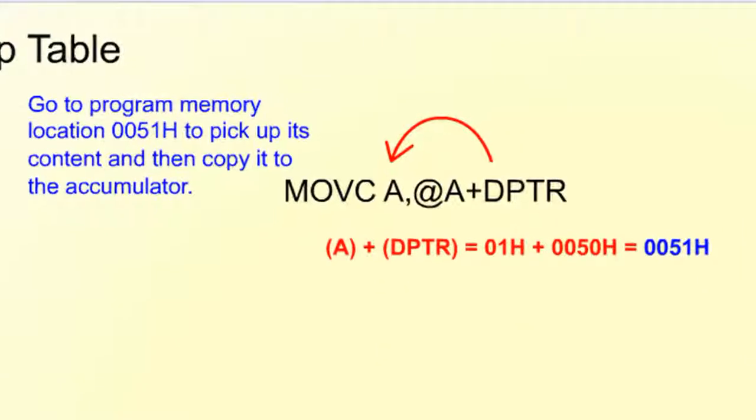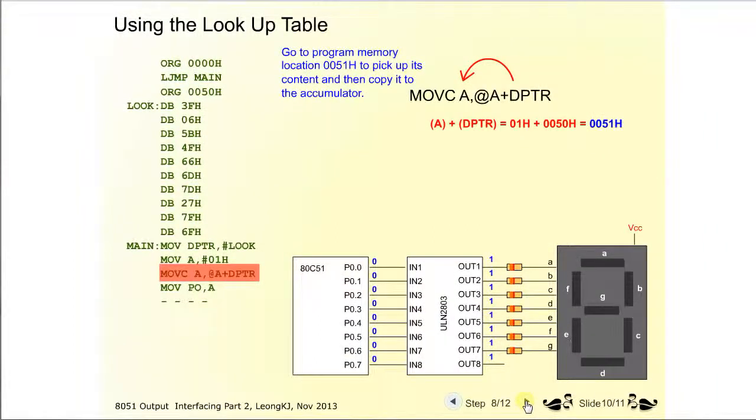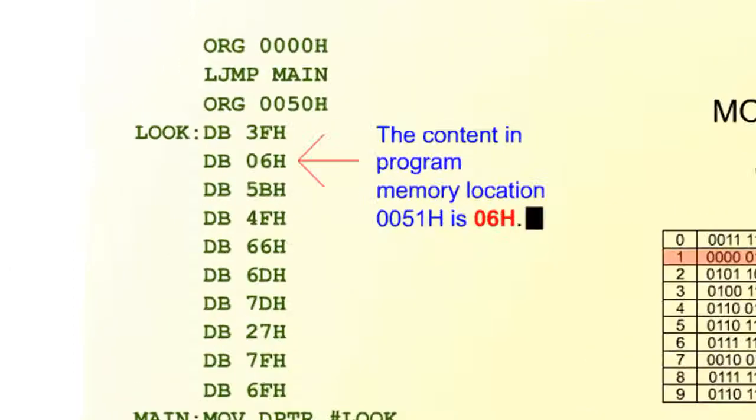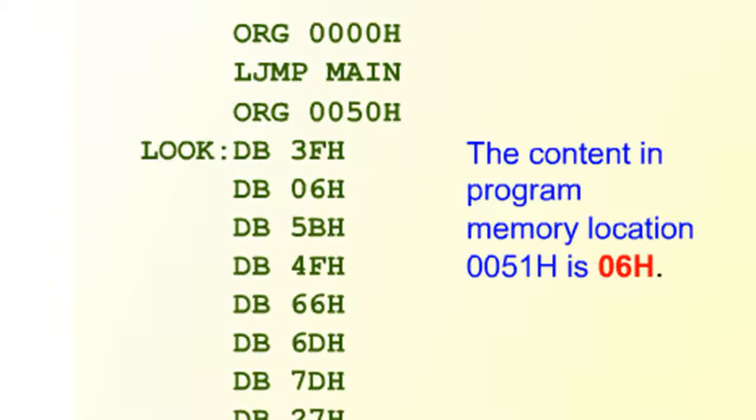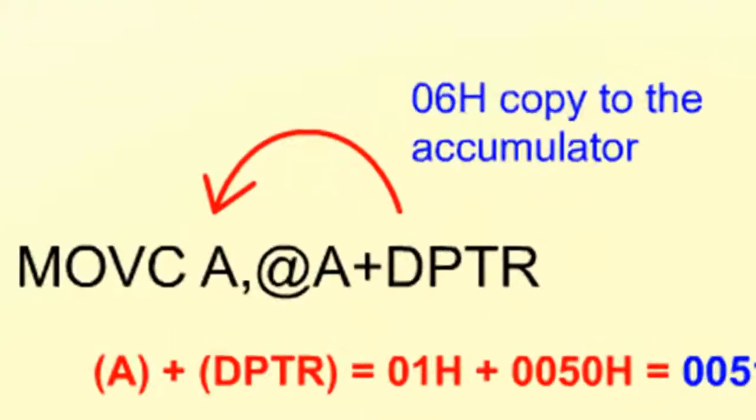The system goes to program memory 0051 to pick up its content and then copy it to the accumulator. The content in program memory location 0051 is 06. Therefore, the accumulator becomes 06.